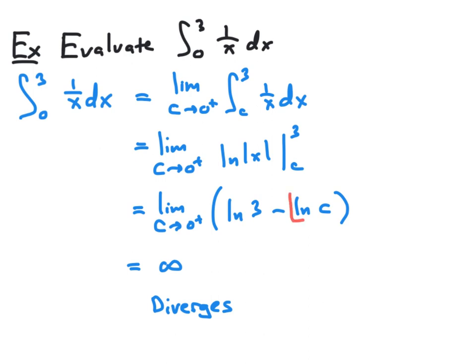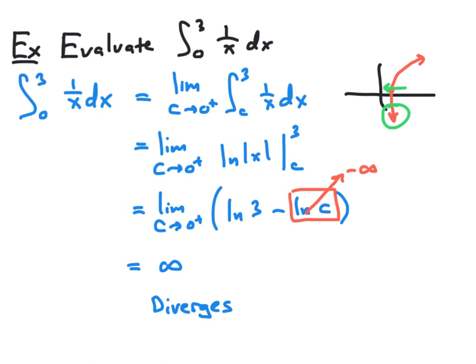And the function natural log of c ends up going to negative infinity. We can see that by quickly considering the graph of the natural log function, which looks something like this. And as we get closer and closer to 0 from the right, this function is getting smaller and smaller in the negative direction, and therefore that limit is equal to negative infinity.